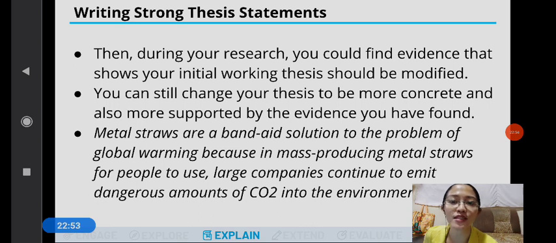When we say band-aid solution, it's only a temporary solution, because the writer now knows that in mass producing metal straws, large companies continue to emit dangerous amounts of carbon dioxide in the environment, which makes sense, no? Okay.